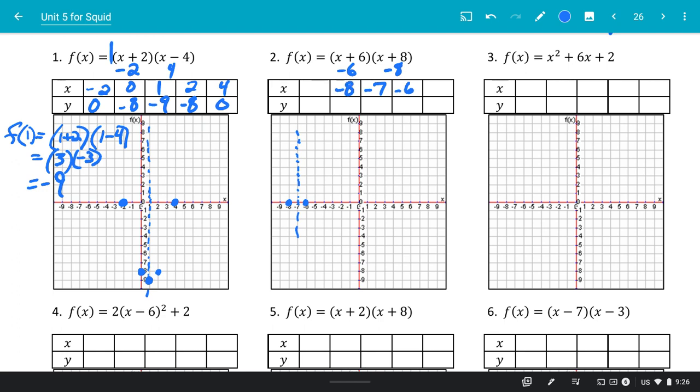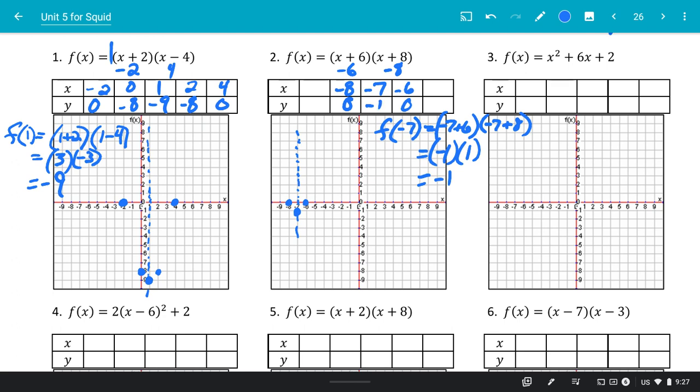So that gives me 0 and 0. f of -7 is -7 plus 6 and -7 plus 8, which is -1 times 1, which is -1. There it is.